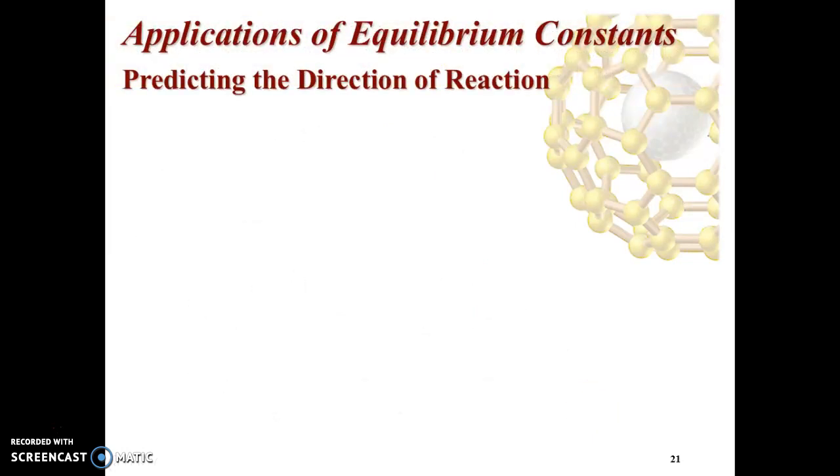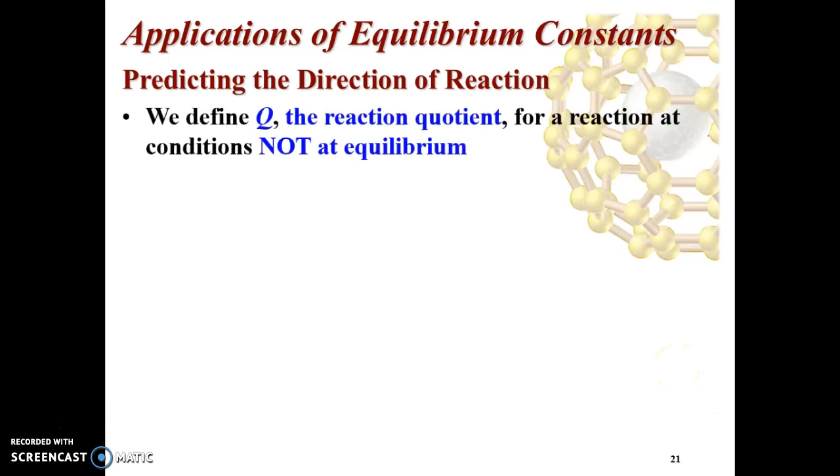All right, so now I can use this idea of equilibrium to predict the direction that a reaction is going to go. In order to do that, I'm going to use something called the reaction quotient. Reaction quotient is the same thing as KEQ, or I'm solving it the same way, except I've got to realize that this is what I calculate when I'm not at equilibrium.